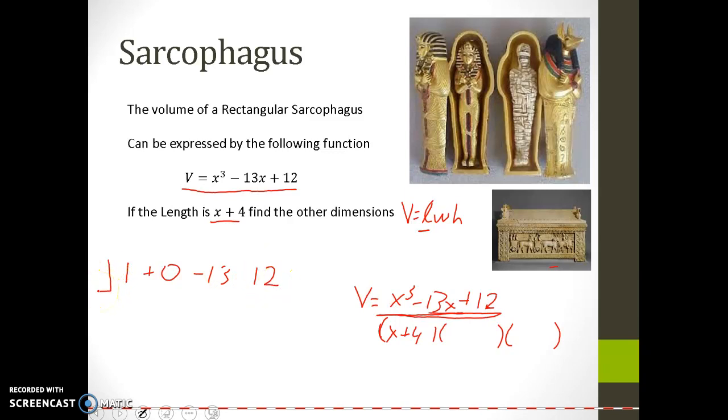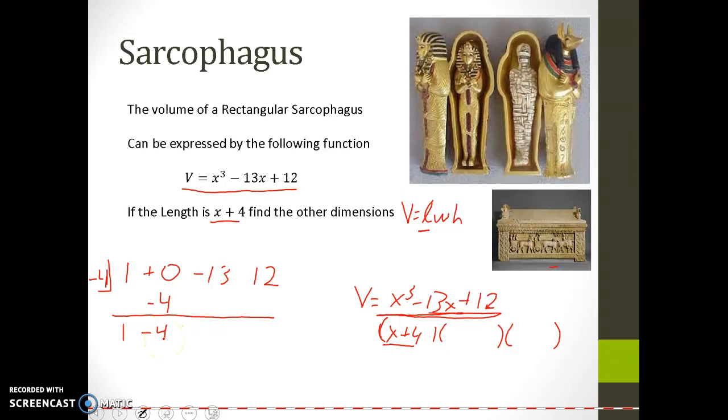I'm going to put a negative 4 here, because if I were to set this factor equal to 0 and solve it, I would get that x is negative 4. Using synthetic division, I start by adding 1 plus nothing here. So 1 plus 0 is 1, and I multiply it times negative 4. Notice I put a 0 here because there isn't an x squared term, so I need a place there. 0 plus negative 4 is negative 4.